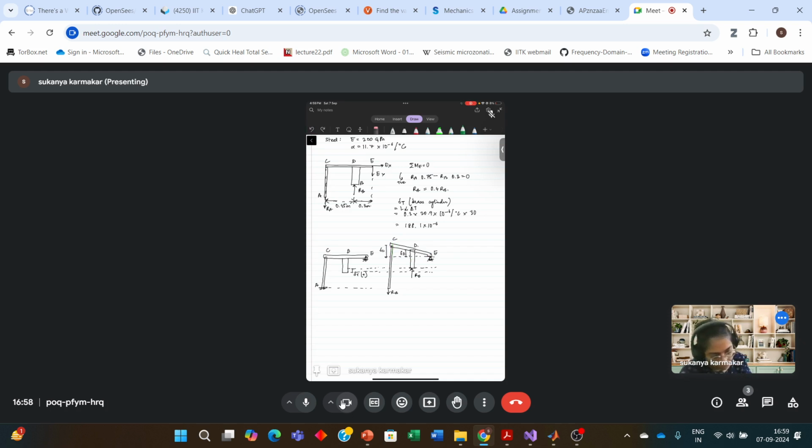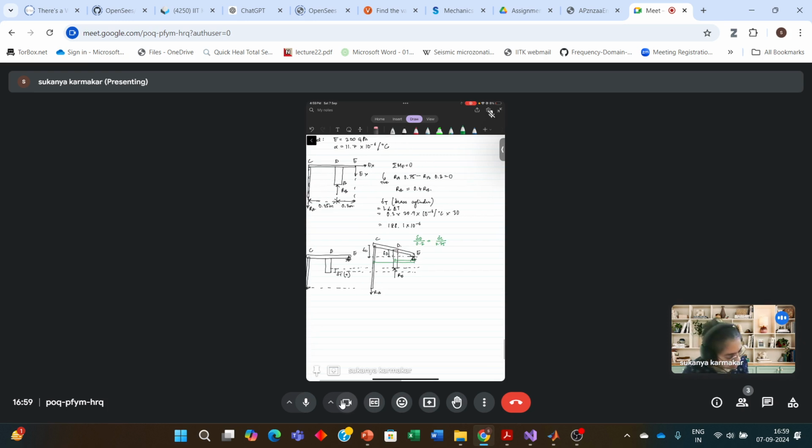So I can write that delta D divided by this length, that is 0.3, is equal to delta C divided by this length, which is 0.75 meter. So delta D and delta C are related. So delta D is equal to 0.4 times delta C.